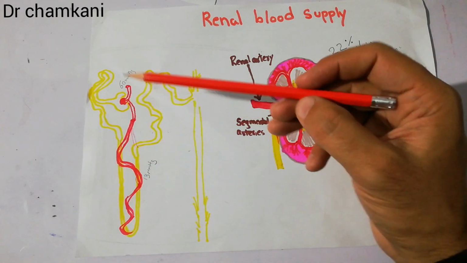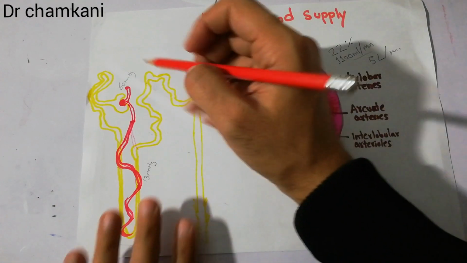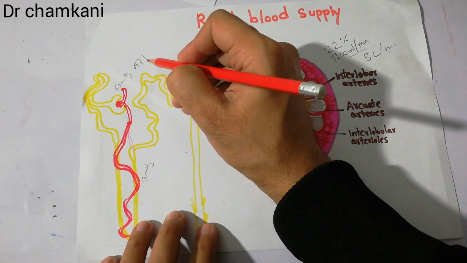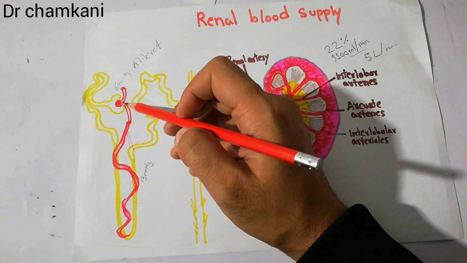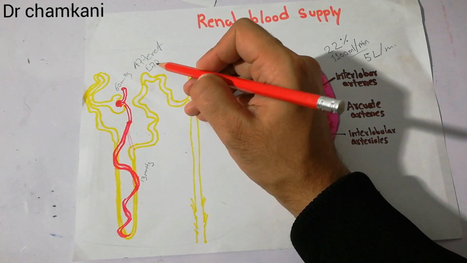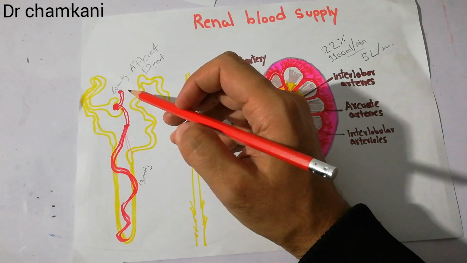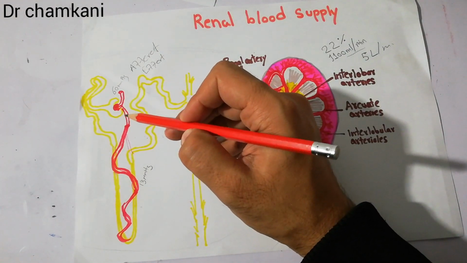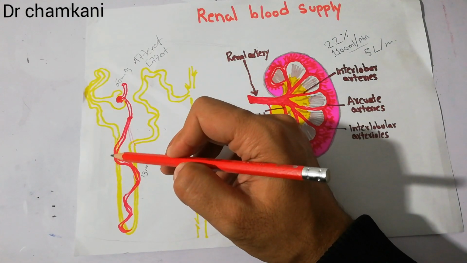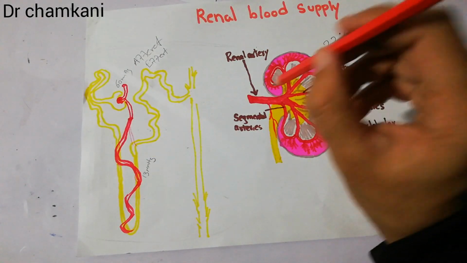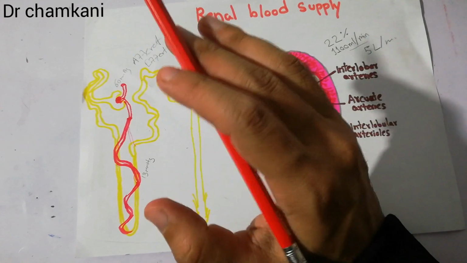So what happens is that the afferent arterioles become the capillaries. These capillaries then make the efferent arteriole, and this is the efferent arteriole which is leaving. This efferent arteriole then becomes the peritubular capillaries. So there are two capillary beds.